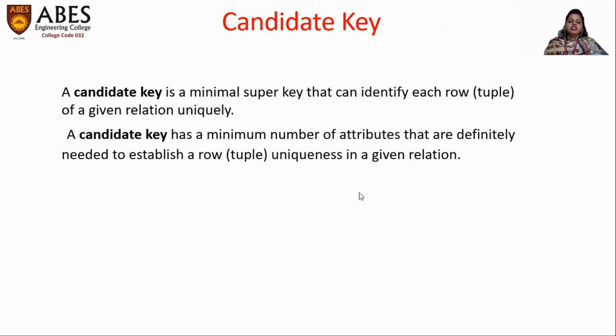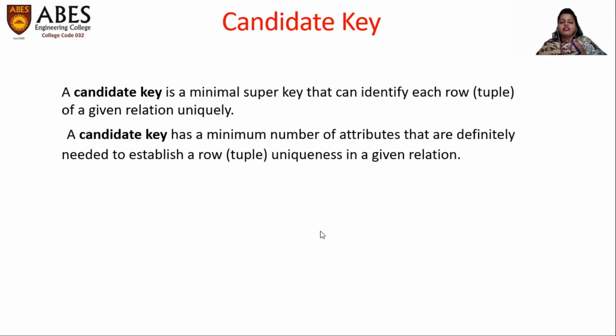So we have seen the significance of a super key. Now we are talking about a candidate key, which is a minimal super key. So a candidate key has the minimum number of attributes that are definitely needed to establish row uniqueness in a given relation.